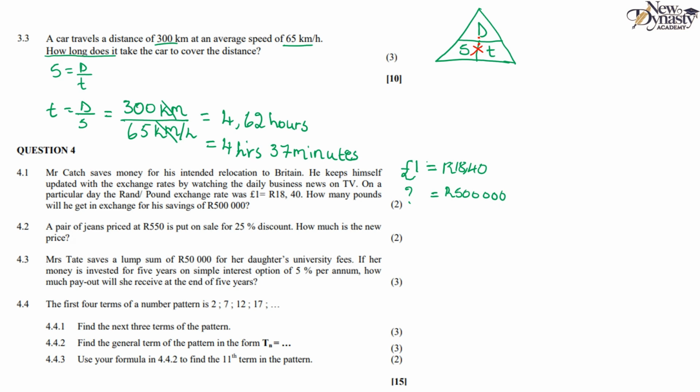I can just change the question mark to be an x. So in this case, what I can do is just cross multiply. X is going to multiply 18,40, and then 1 is going to multiply 500,000.